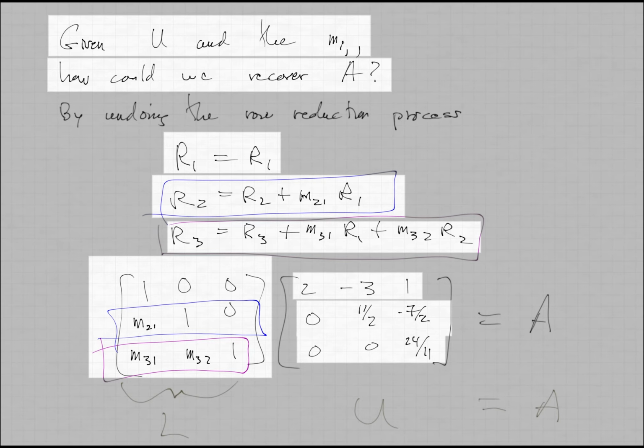And that's exactly what we said to do here: take the row R2 from the reduced matrix U and add back in the multiple that we had subtracted earlier. And then the third row of this matrix says we should copy the third row of U and add in M32 times the second row plus M31 times the first row.